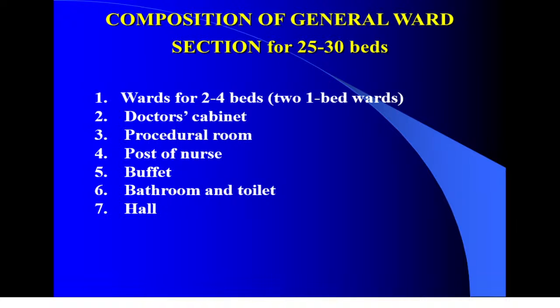And it's a doctor's cabinet, a procedural room, post of nurse, buffet, bathroom and toilet, and hall. Usually patients eat in the hall, sometimes maybe a special room for eating. These are the main components of any ward section.